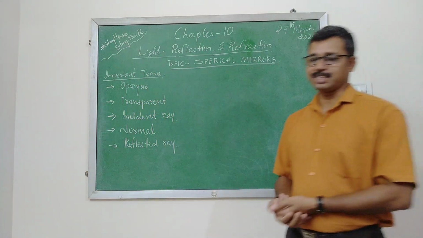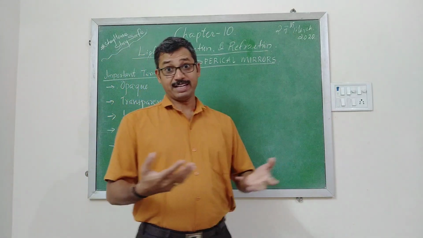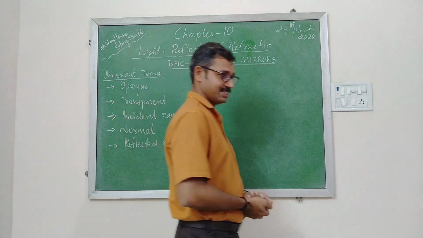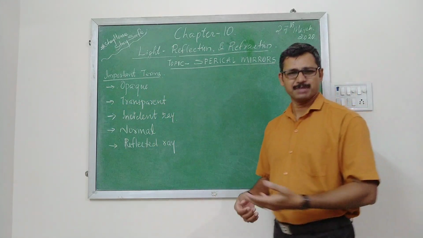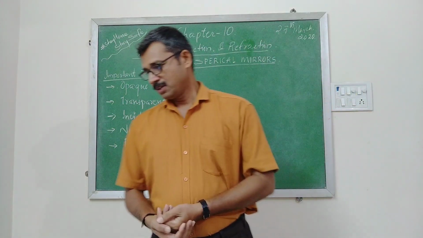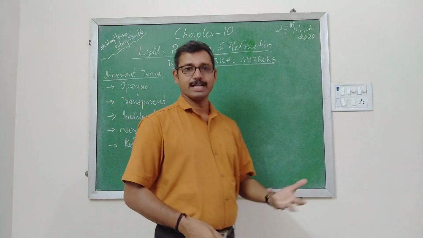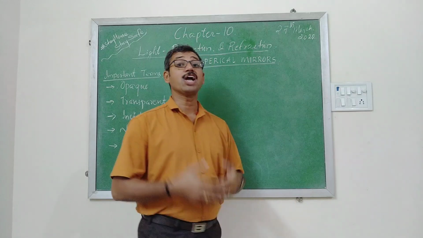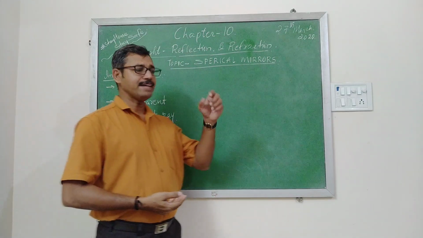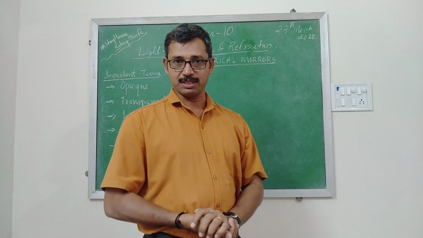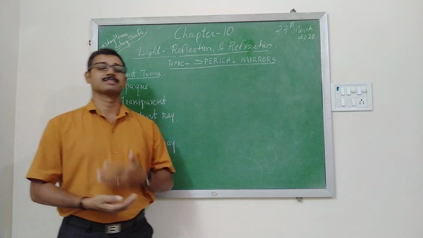We are familiar with the plane mirror. Every day we spend a lot of time in front of the plane mirror. In the plane mirror, what actually happens? It is highly polished. So the light which falls on the plane mirror completely reflects.